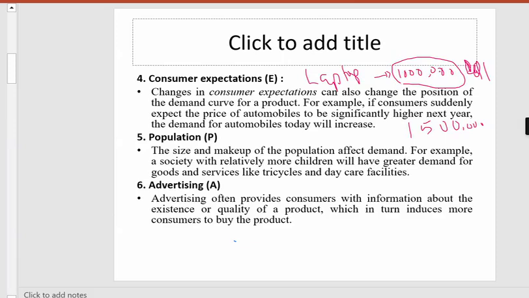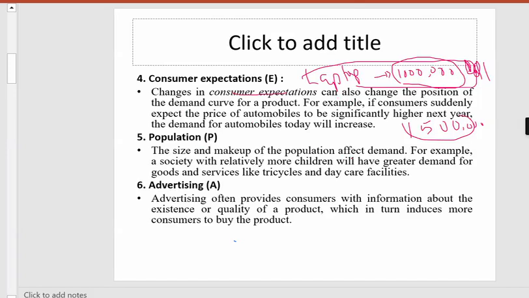You will buy now the laptop in order to avoid the higher price of it when it reaches that 2 months. Kwa hiyo maana yake hapa demand for laptop for this month will increase. Sawa? Na hii ya mwezi wa ngapi itapungua? Likely for rice or anything. So changes in consumer expectation can also change the position of what? Of the demand. I will show the curve, how does it shift.